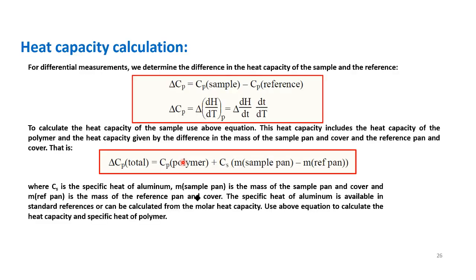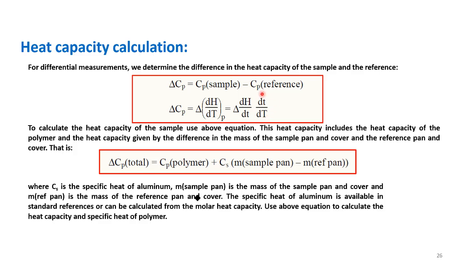So the calculation is like this. Delta Cp is the difference in the Cp of the sample and the reference, and it can be expressed as delta dH by dt at constant pressure. That is again written as delta dH by dt times dt by dT.